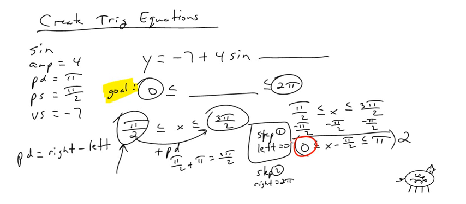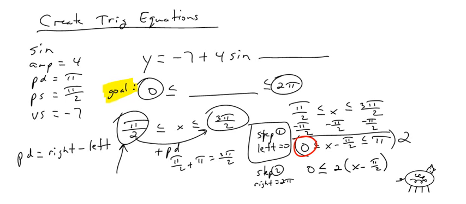Don't try to make that right side 2 pi first, because then the left side is not going to be 0, and it's not going to work out for you. So we have to follow those steps just the way I have it. We multiply by 2 and get 0 less than or equal to 2 parentheses x minus pi over 2 less than or equal to 2 pi.